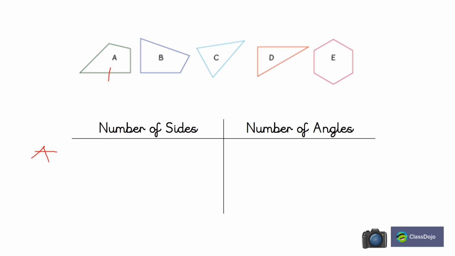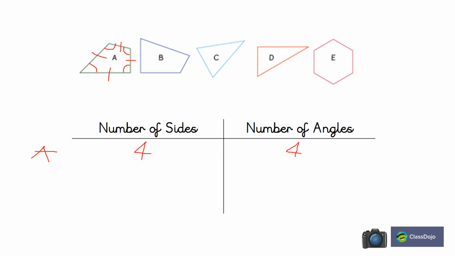Figure A has 1, 2, 3, 4 sides. Now we need to count the number of angles inside. 1, 2, 3, 4. Figure A has 4 angles.